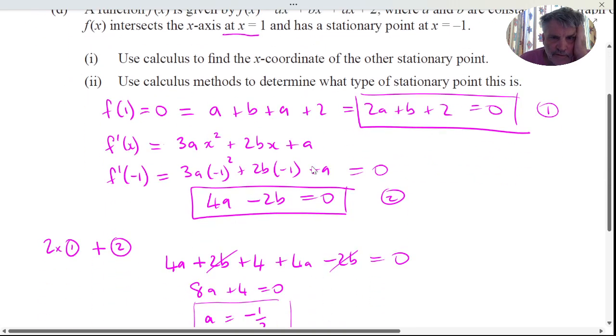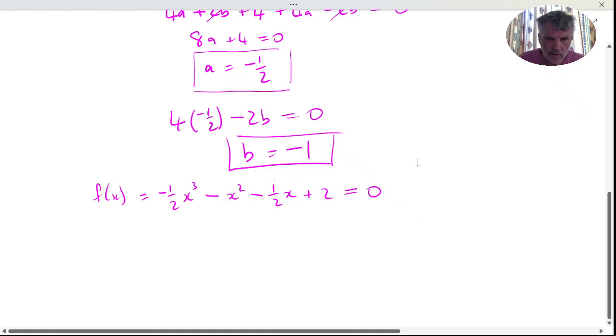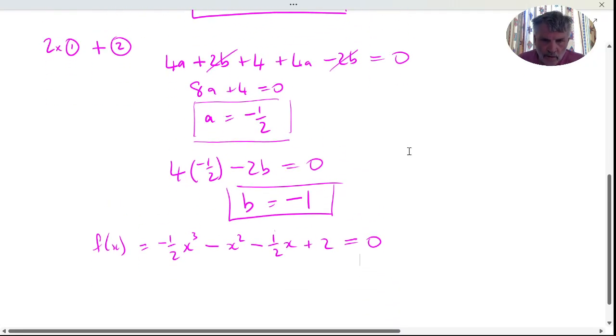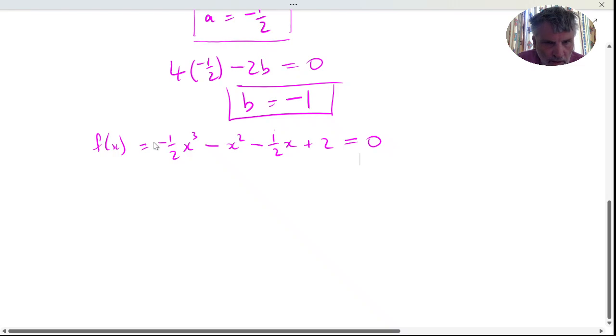So we found the equation of the curve. So our equation is now f of x equals negative 1/2 x cubed plus negative 1 x squared minus 1/2 x plus 2 equals 0. I like to multiply everything by 2 and maybe even a negative sign.